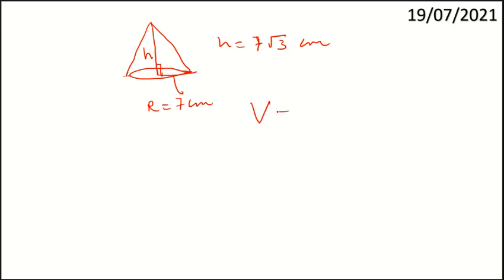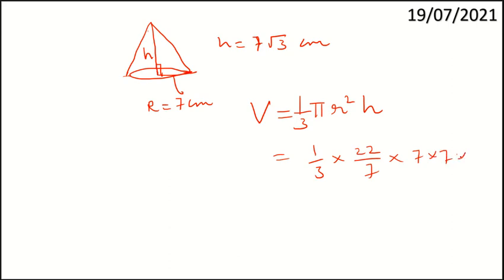If you want to find the capacity, capacity is nothing but volume. So, volume is 1/3 pi r square H, that is 1/3 into 22/7 into 7 into 7 into 7 root 3. So, one 7 cancels with this.